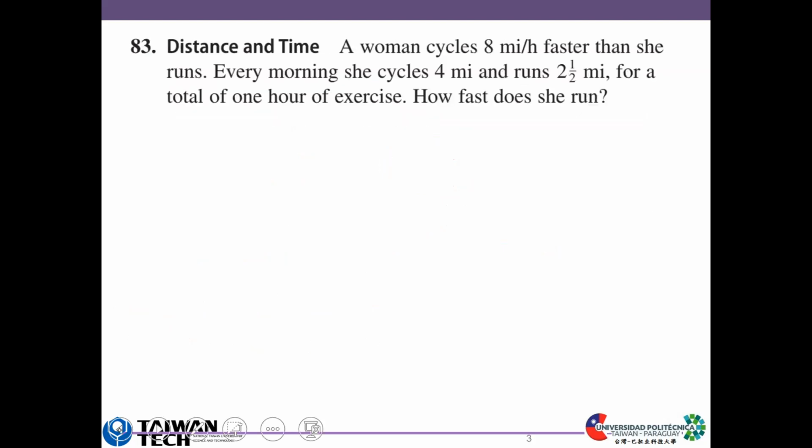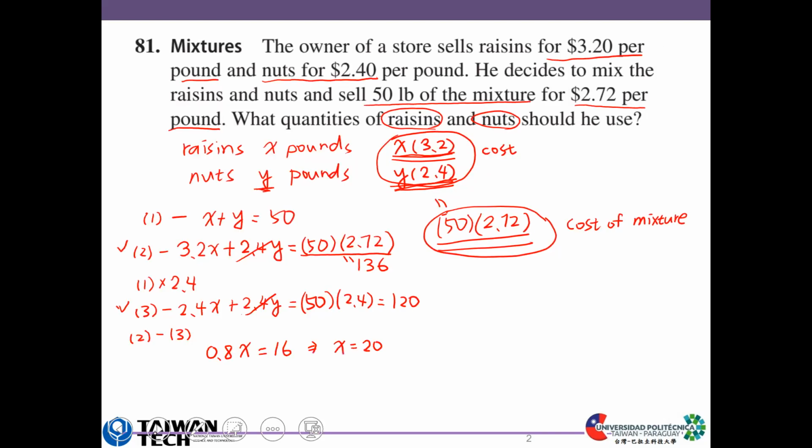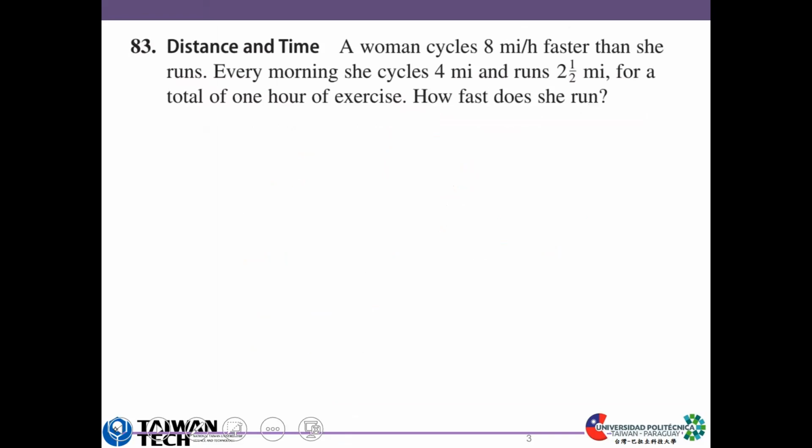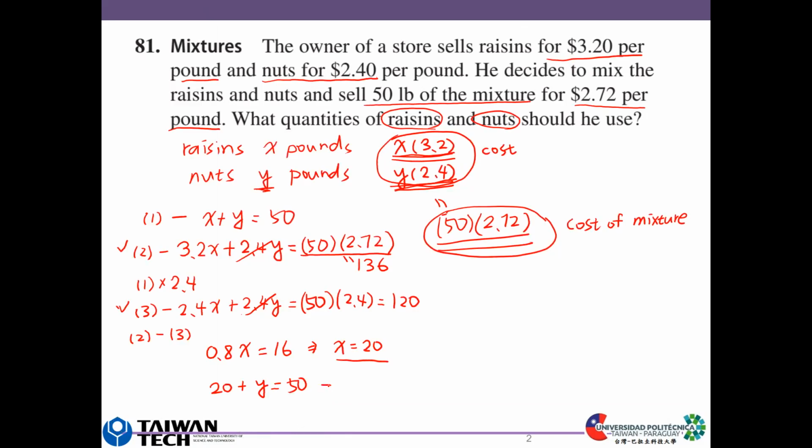And since x equals 20, from equation 1, 20 plus y equals 50. So y equals 50 minus 20, which equals 30.